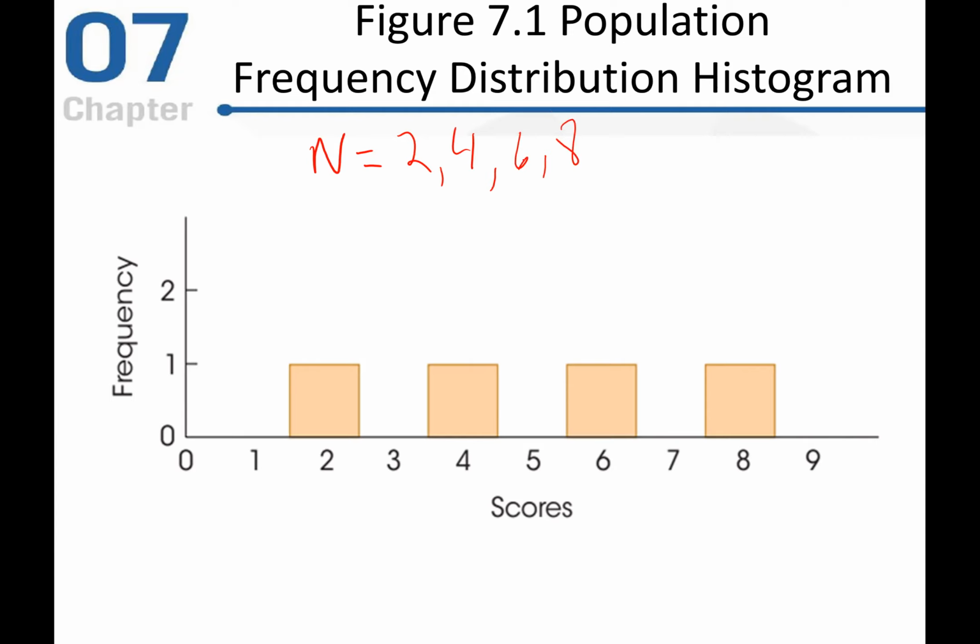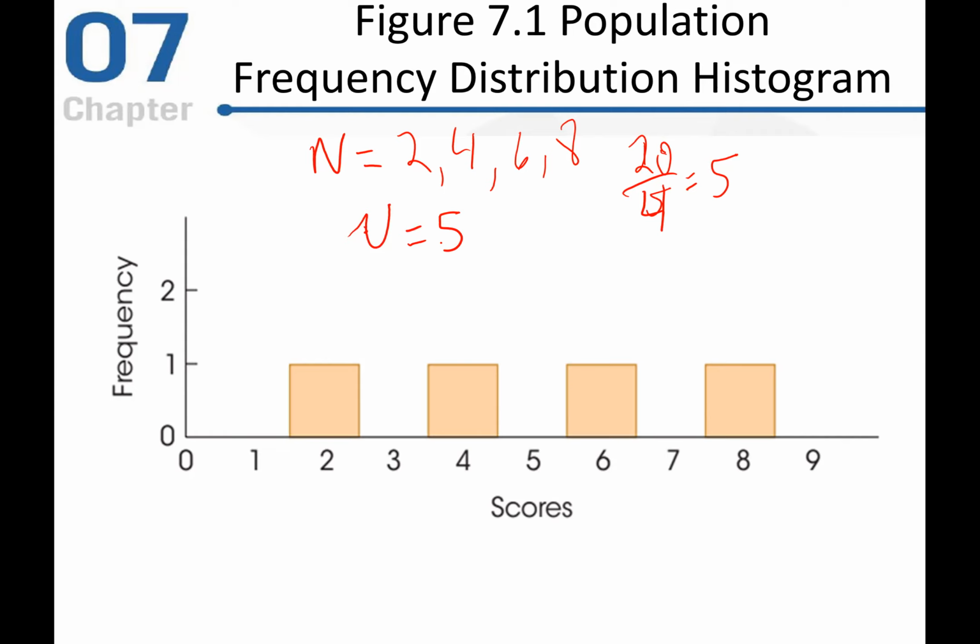If we add all that up, 2 plus 4 is 6, plus 6 is 12, plus 8 is 20. 20 divided by 4 gives us 5. So the population mean is 5.